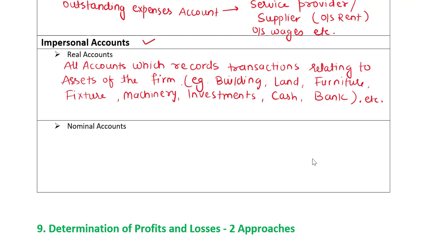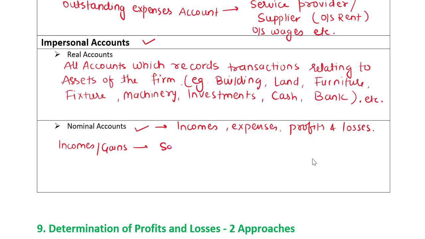The next account is nominal account. What we record in nominal account? So we record incomes, expenses, profits and losses. Kindly take a note of it. So income will come from where? So write incomes, gains.